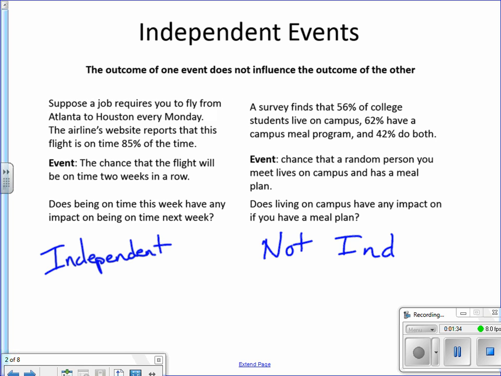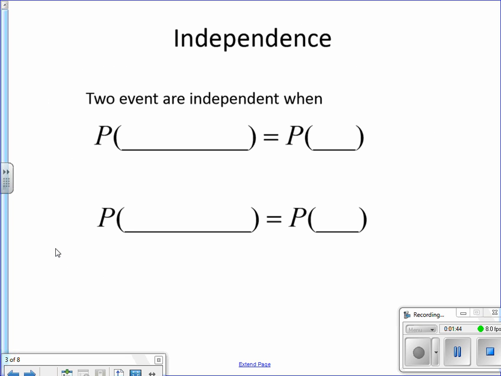The issue for us is though we don't always want to trust our intuition. We want to figure out some way, is there a way to determine mathematically whether things are or are not independent? And before we move forward, the test for independence for us is going to be based on conditional probability. There's two ways we can think about this.